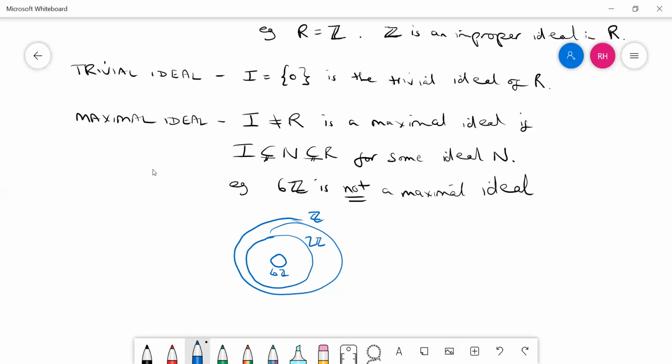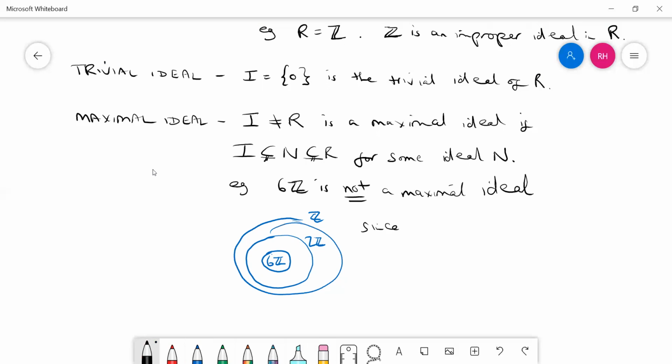You can write whichever one you want. So in this case, between 6Z and Z, there is another ideal, in this case that I've drawn here, 2Z.